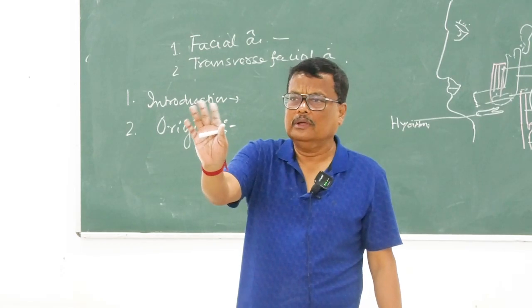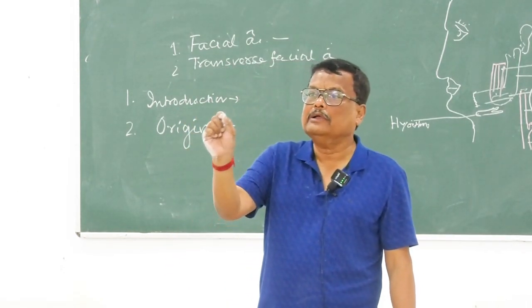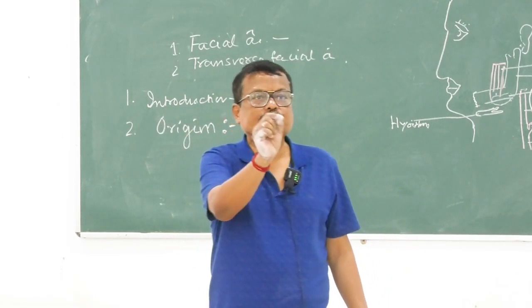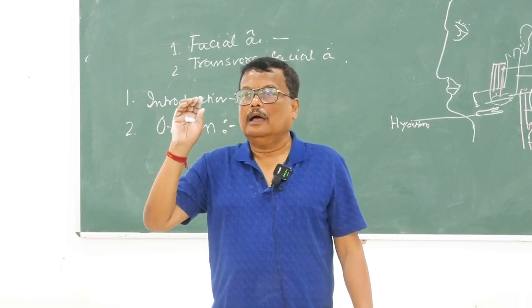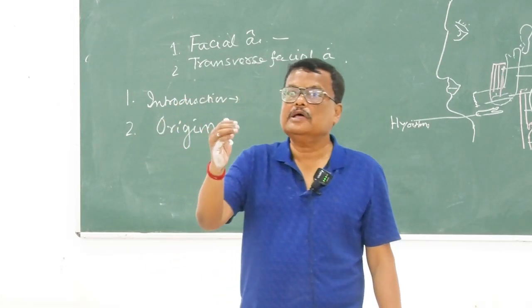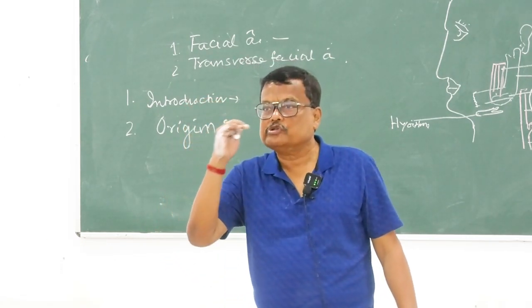Know these, repeat them. So what did I say? One of the anterior branches of the external carotid artery is the facial artery, and another anterior branch is the lingual artery. Lingual artery above, facial artery below.